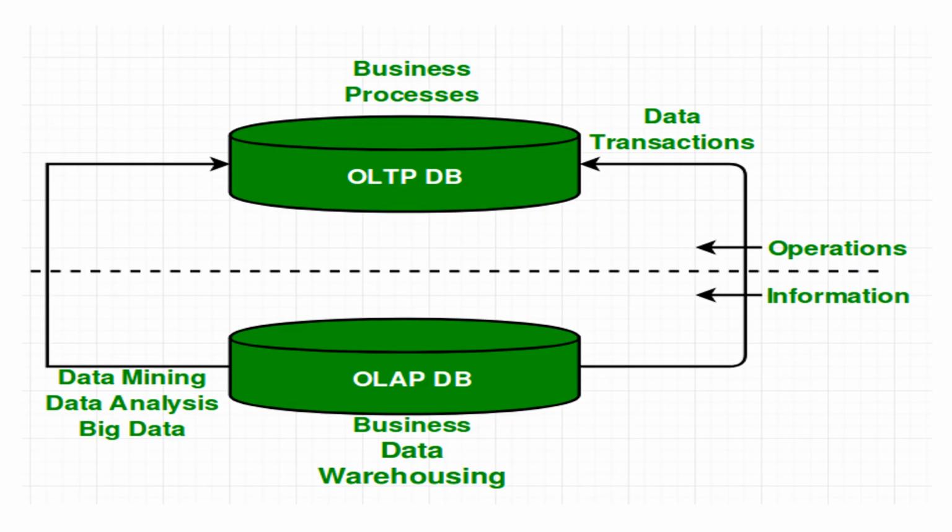This diagram illustrates the difference and the connectivity between OLTP and OLAP. The OLTP database represents the business process, whereas the OLAP database represents the business data warehouse.